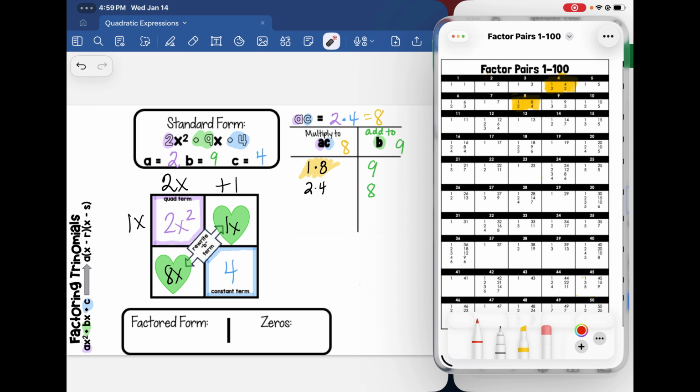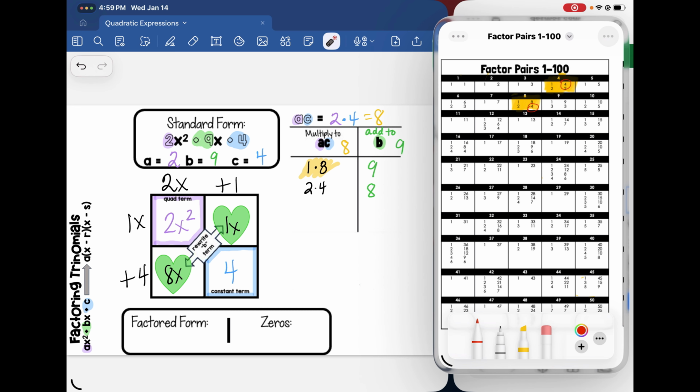So you probably say, oh, Miss Carter, both of them have a 1. True. Both of them have a 2. True. Both of them have a 4. True. What's the biggest number? 4. So that means the greatest common factor between 8 and 4 will be a positive 4. Because 2 times 4 will give me 8.